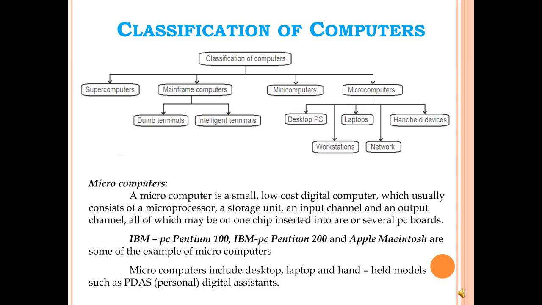IBM PC Pentium 100, IBM PC Pentium 200, and Apple Macintosh are some examples of microcomputers. Microcomputers include desktop, laptop, and handheld models such as PDAs, that is Personal Digital Assistants.